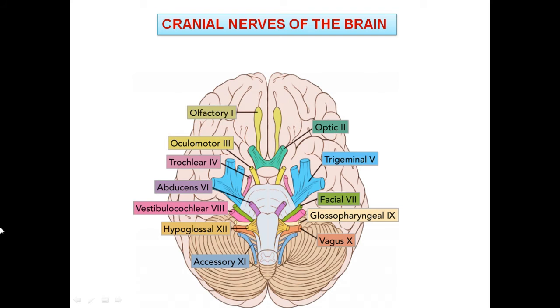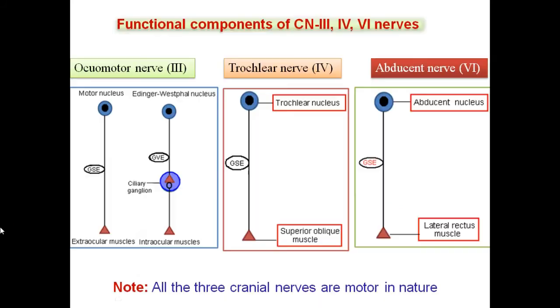Let us see the functional components of the oculomotor nerve, trochlear nerve, and abducens nerve. The oculomotor consists of two nuclei. The oculomotor nucleus carries the general somatic efferent fibers, which supply the extraocular muscles except superior oblique and lateral rectus.